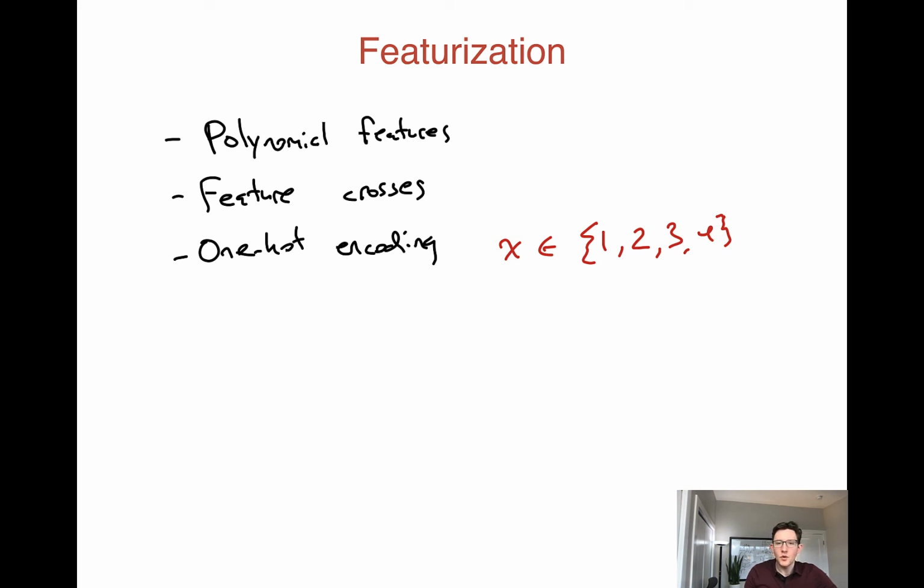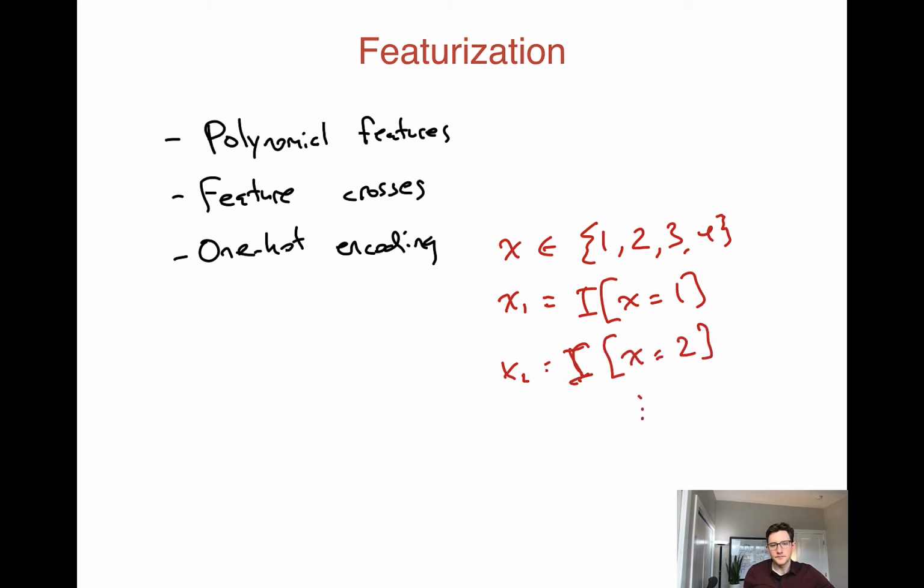So we can switch that to one-hot encoding by splitting into 4 variables: x1, which equals the indicator of x equals 1, x2, which is the same thing but for x equals 2, and so on. Another featurization strategy that comes up specifically when dealing with text is, well, how do I represent an English sentence as a feature vector?